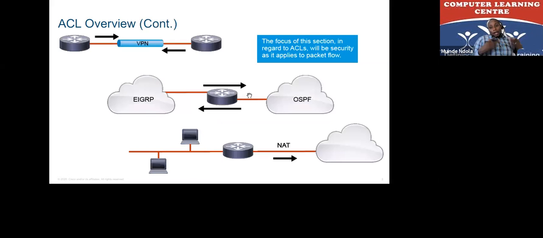Access lists are configured and used for different purposes. Configuration of the access list is one thing, but where you apply the access list now matters. Before you start configuring an access list, you need to know where you want to implement it and what its use is. Access lists can be used for VPN, and for NAT, like when we were talking about NATing just the other day, we used an access list.